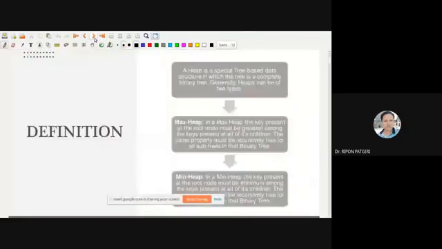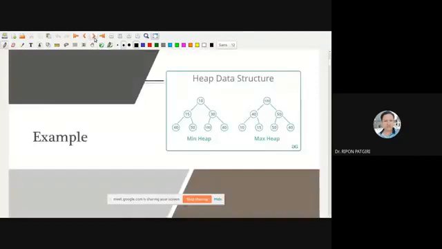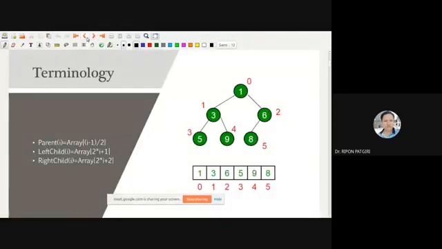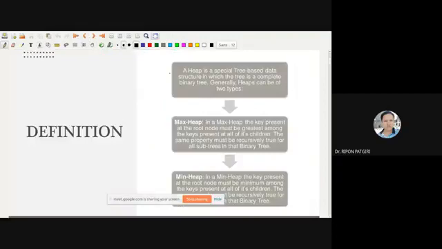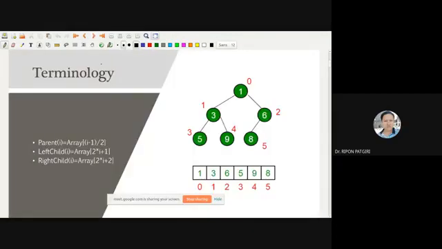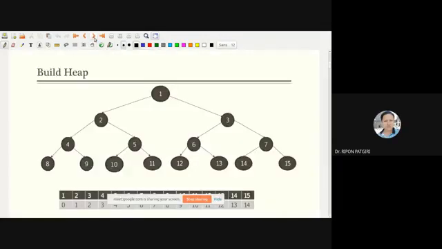The technique to build a heap data structure and some terminologies we have discussed, that is max heap, min heap, and then parent node, left child, right child. We have also seen one animation of how insertion has been performed.